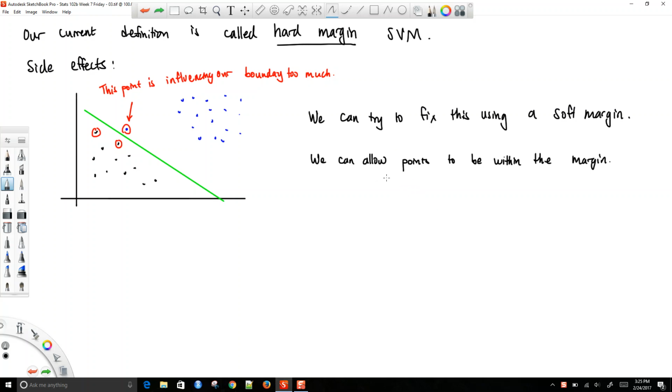I'll just say xi is between 0 and 1. Or we can even allow points to be on the wrong side of the margin, or to be on the wrong side of the boundary.